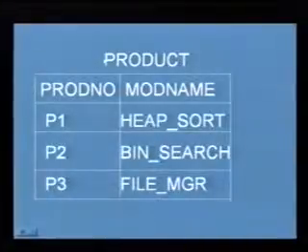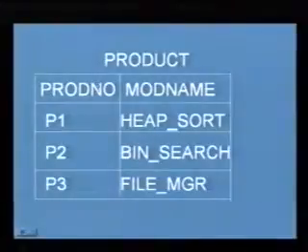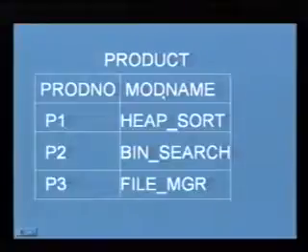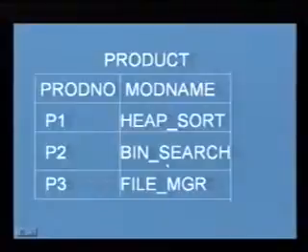Now let us consider another example in which the division operation is very useful. Consider a relation product containing the attributes product number and module name, indicating that the product number P1 stands for the module name heap sort. Product number P2 stands for the module name binary search and P3 stands for the module name file manager.